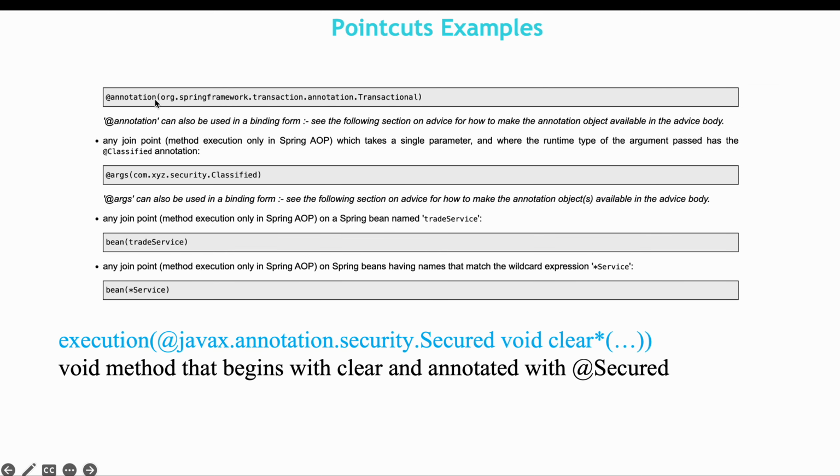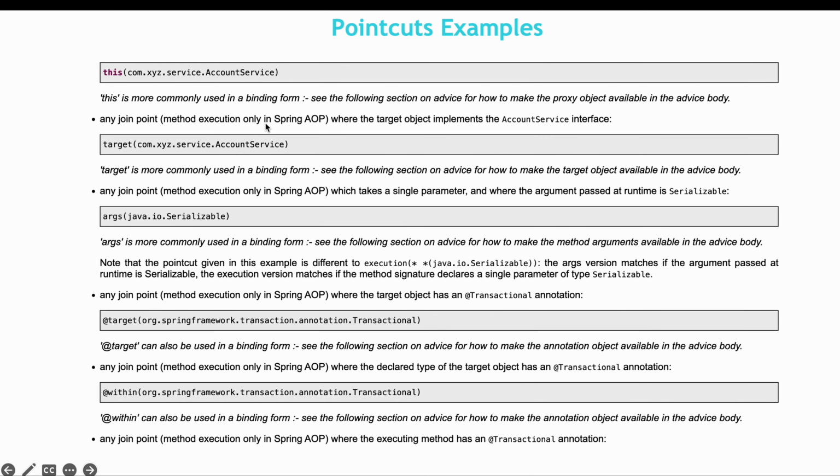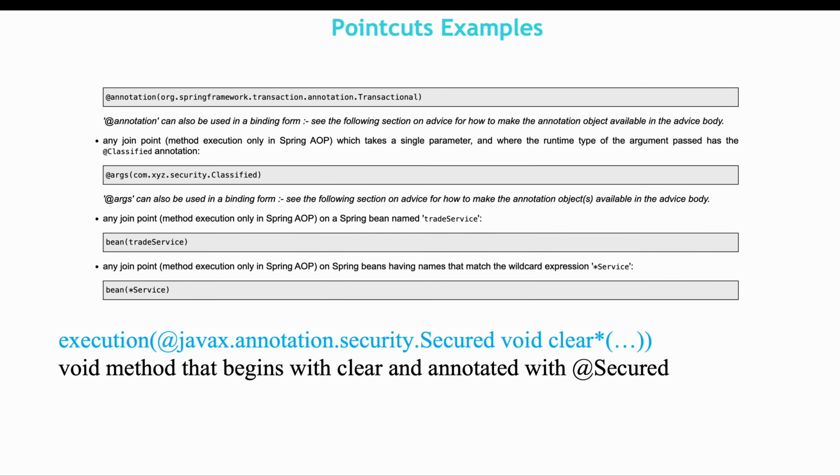Then we also have the annotation Pointcut expression. So the annotation Pointcut expression can also be used in binding form. So this actually means, okay, let me go up. Any join point method execution where the executing method has a transactional annotation.